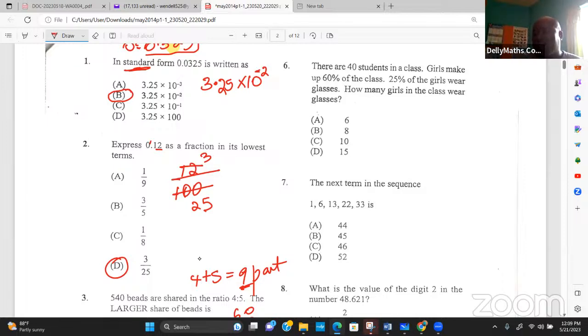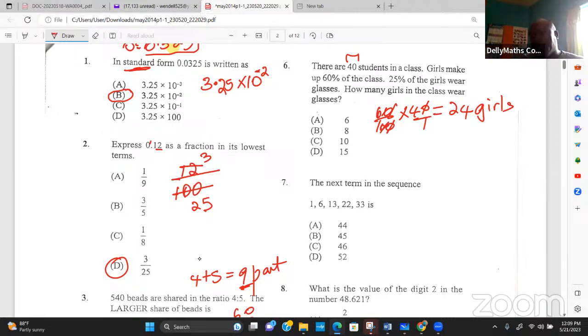Now, understand what's going on. We have 40 students, so 60%, you could set this up normal, 60% of 40, and you find what that is. We cancel this 0, we cancel this 0. So there are 24 girls out of the entire class.